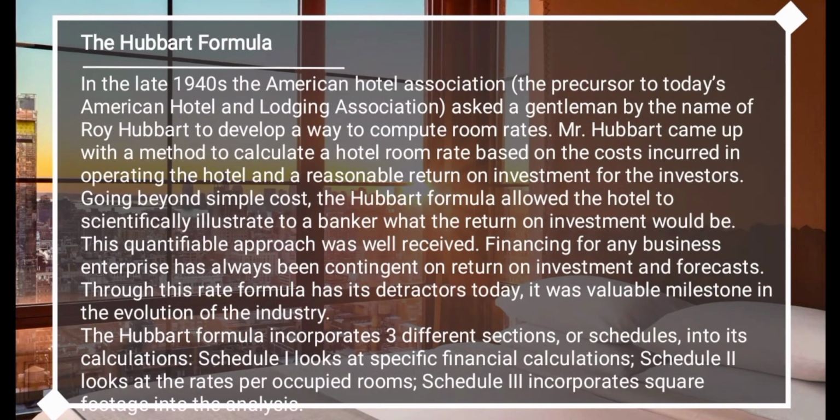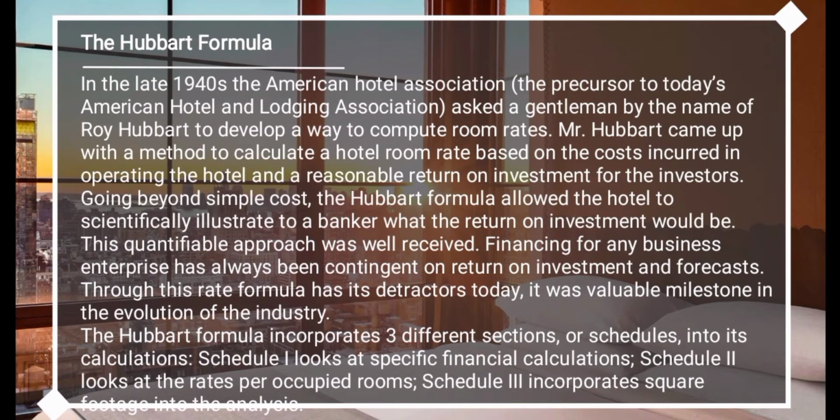Way back in the 1940s, the American Hotel Association, which is today's American Hotel and Lodging Association, wanted to develop a way to compute room rates. They asked a gentleman by the name of Hubbard. This gentleman came up with a method to calculate a hotel room rate based on the cost incurred in operating the hotel and a reasonable return on investment for the investors.